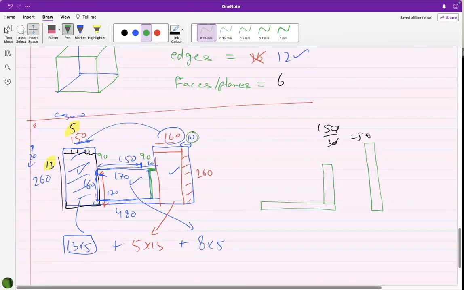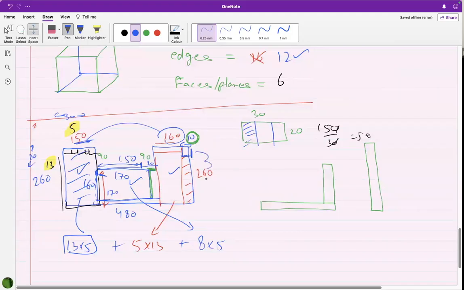Now, if you see, this is 10 centimeters. If I use that same tile, which was 30 centimeters by 20 centimeters, and if I cut it into 3, I will be able to use this one piece here, which is giving me vertical 20 centimeters and horizontal 10.